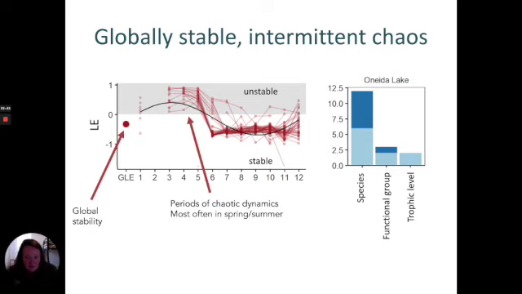So the species dynamics are chaotic about half of the time, but if you start aggregating those into functional groups or trophic levels, you see that those are not chaotic and they're a lot more predictable. So it's going to be a lot easier to make predictions at the whole trophic level, what's the biomass of all the zooplankton, rather than at the individual species level.